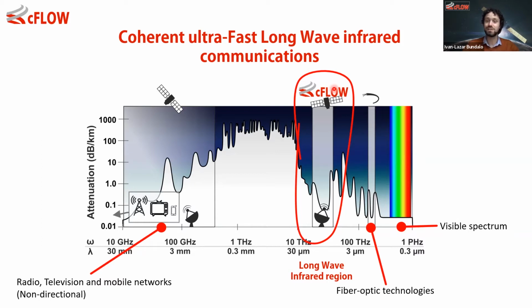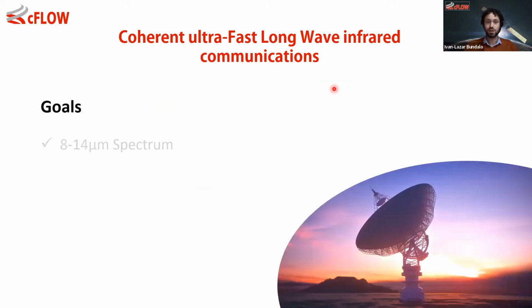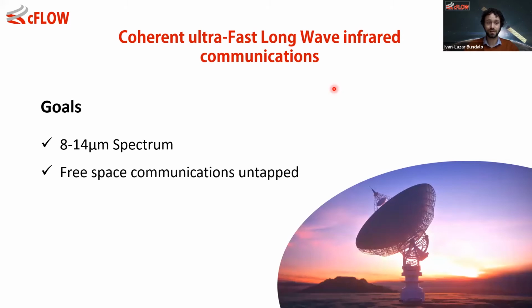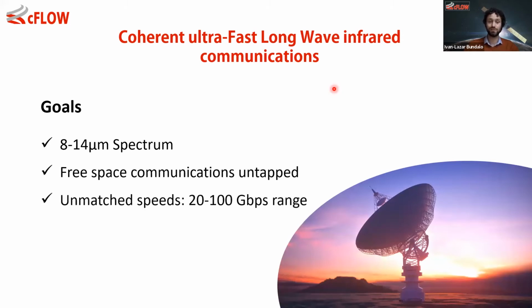This is where the cFLOW project is focusing, developing all the systems and technologies for making use of this part of the spectra for free space communication. The goals of the project are to develop this 8 to 14 micrometer spectrum for free space communication, with unmatched speeds in comparison to the other parts of the spectrum, from 20 to 100 gigabits per second.